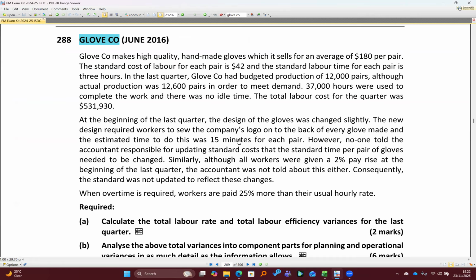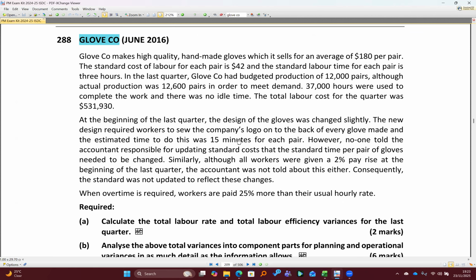So now, to calculate the total labor rate and total labor efficiency variances: labor rate has to do with the rate which was supposed to be charged and the rate that was actually charged. So for the actual rate, we need to determine what the actual rate was.